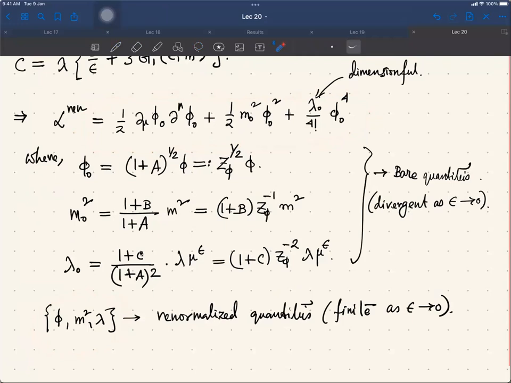Now one can relate the bare quantities versus the renormalized quantities, and these relations can be written in different manners. So I will write down this relation in two different ways.